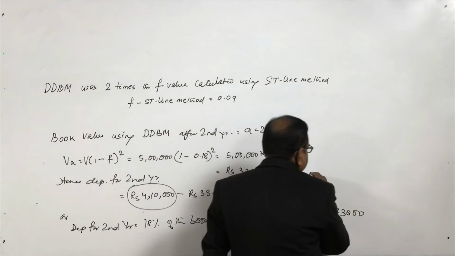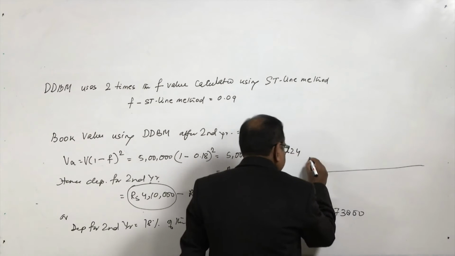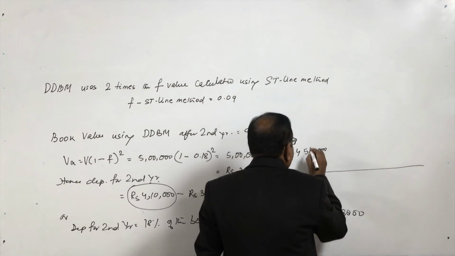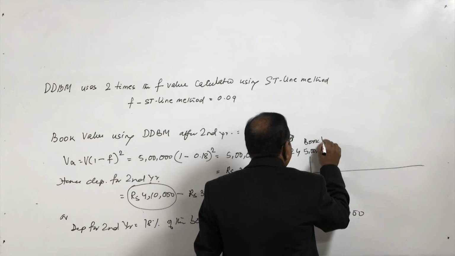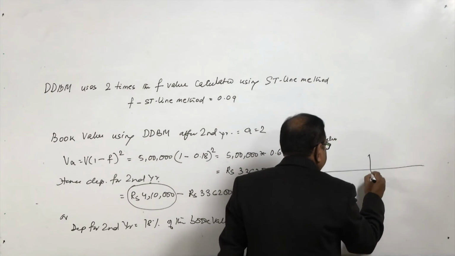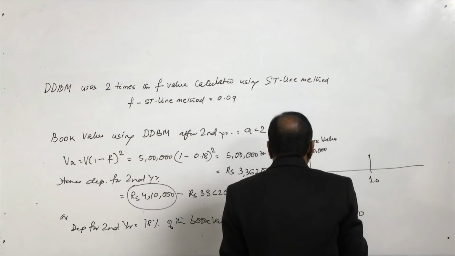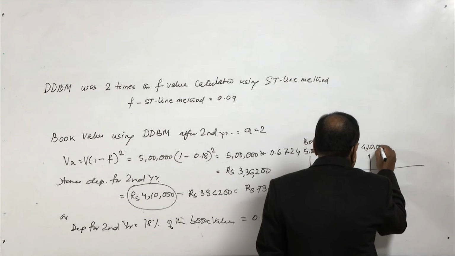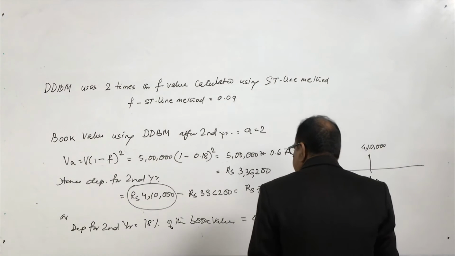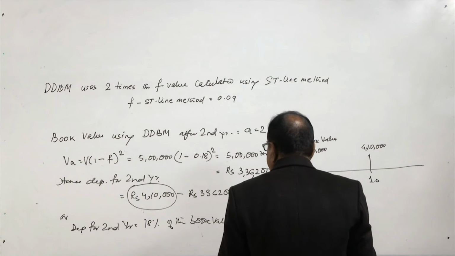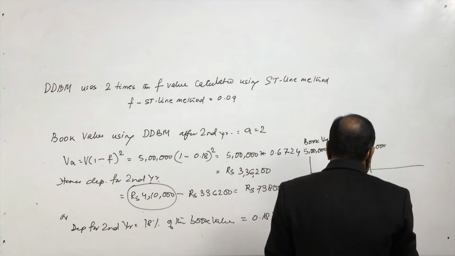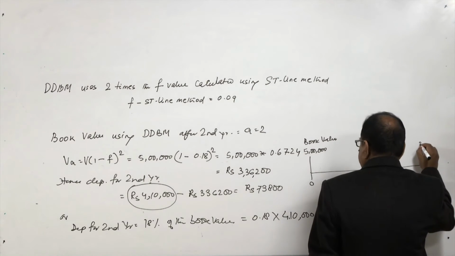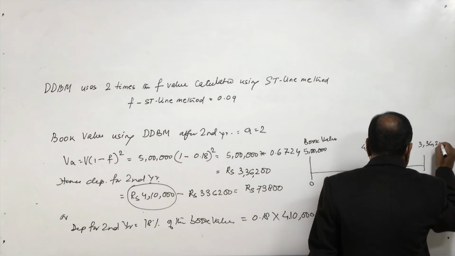If in the timeline we see this is 0, the cost is 5 lakh, but this is book value. After 1 year, this reduces to 4,10,000 rupees. And after 2 years, this is 3,36,200.